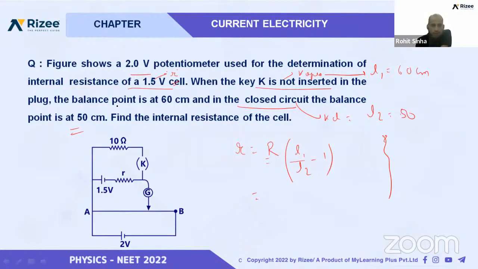When K is not inserted, the balance point is 60, and when K is closed, the balance point is here. The value of R is not given, but I think some mistake has been made in typing this question. Let me put the values: L1 is 60, L2 is 50, minus 1, and the value of internal resistance.